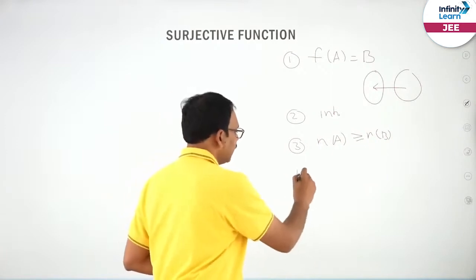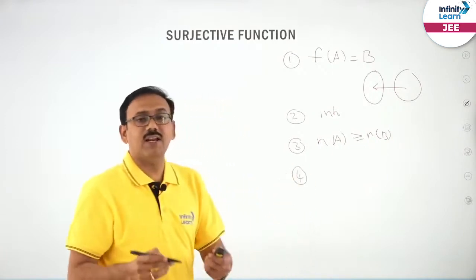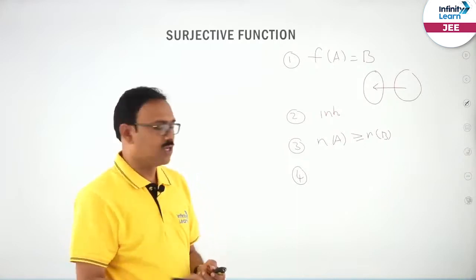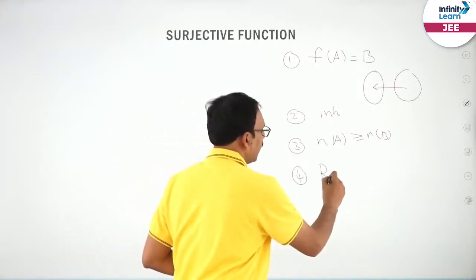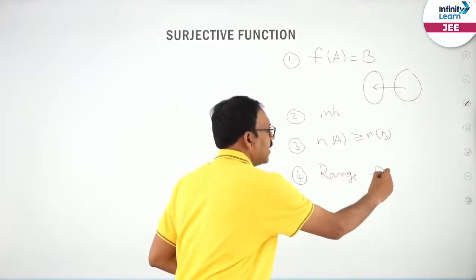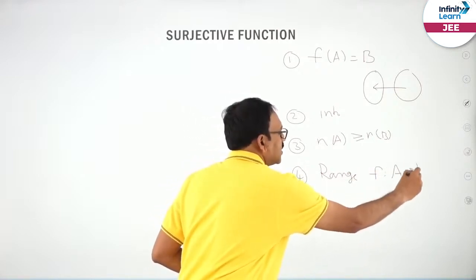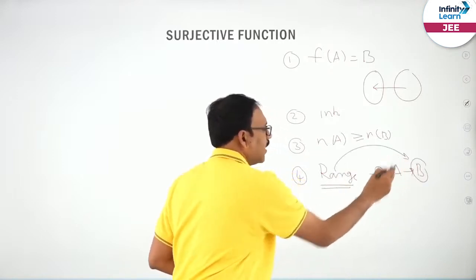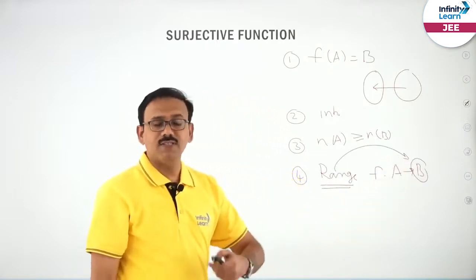Then next friends, how to check whether a function is onto or not? Simply find the range and check with the codomain given. For f from A to B, B is the codomain. If the range is the same as the codomain, it is onto, otherwise into.